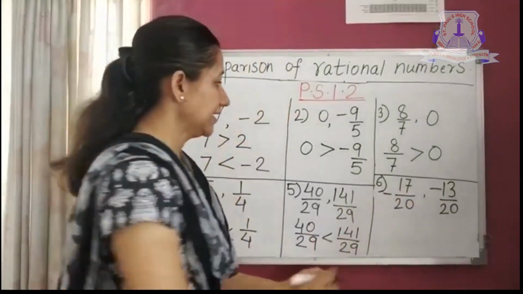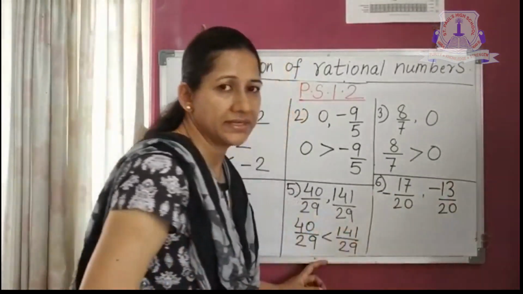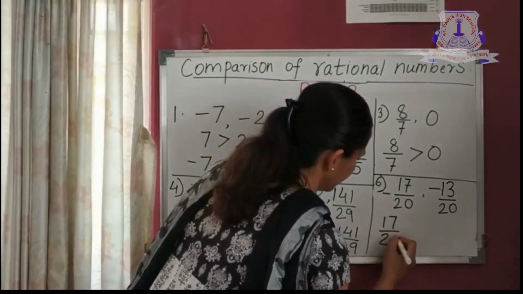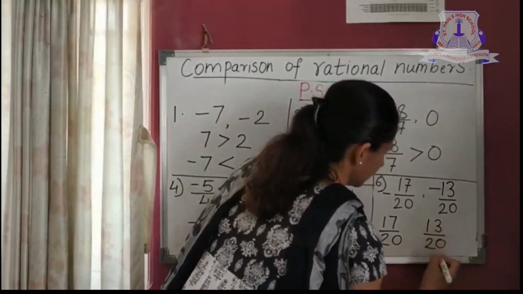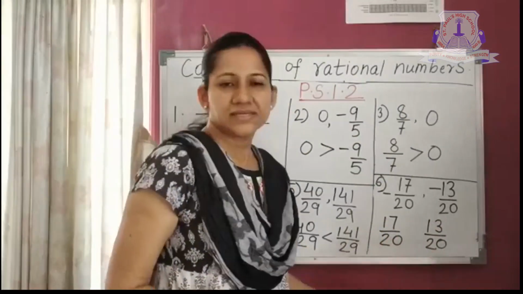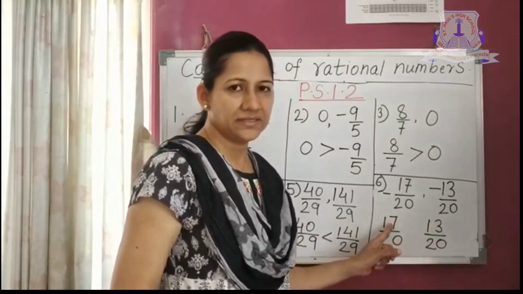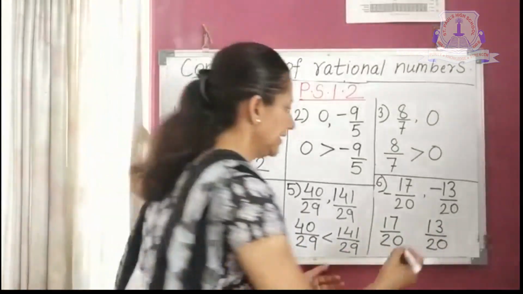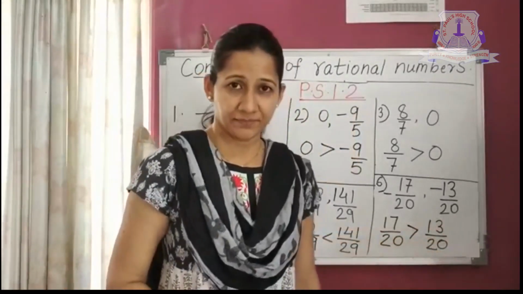So first I will convert negative 17 upon 20 and negative 13 upon 20 into positive. It will become 17 upon 20 and 13 upon 20. Now students, denominators are the same, so we can compare on the basis of numerators. Numerator 17 is greater than 13, so 17 upon 20 will be greater than 13 upon 20.